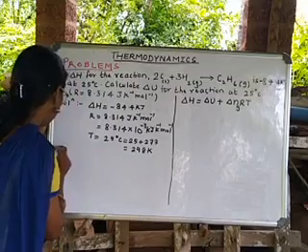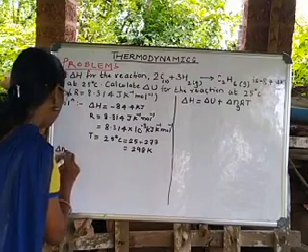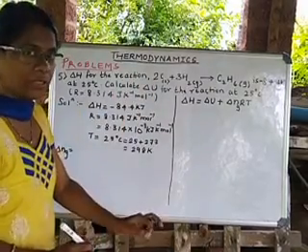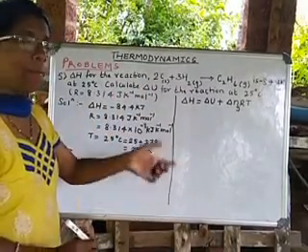So that delta n you are supposed to calculate with the formula: the number of moles of gaseous product minus the number of moles of gaseous reactant. Means product minus reactant, but in the gaseous state.